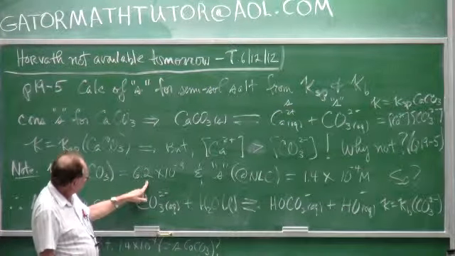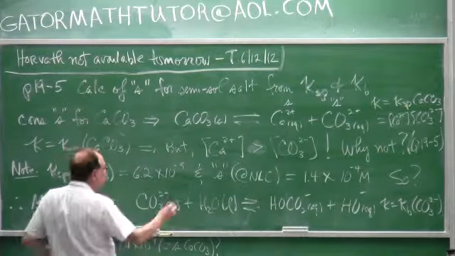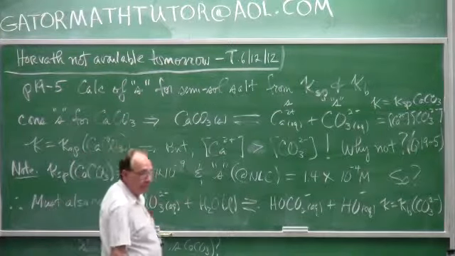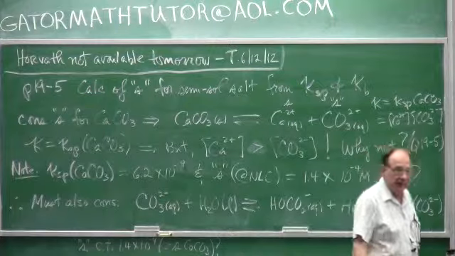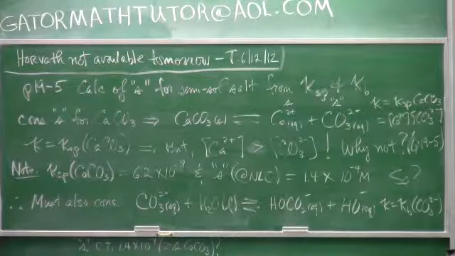Well, tell me, what is the square root of 6.2 times 10 to the minus 9? What did you say? 8 times 10 to the minus 4? I don't like your exponent.